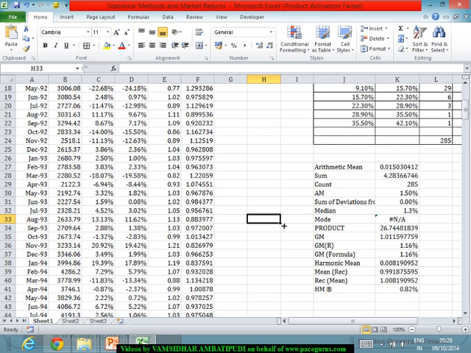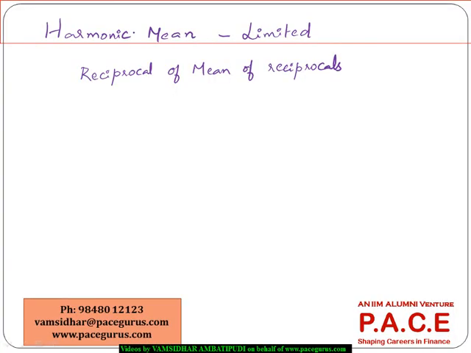The best kind of scenario probably in the finance world where I talk about the harmonic mean is when I am talking about dollar cost averaging. What is this? Let's say I am investing in a fund.